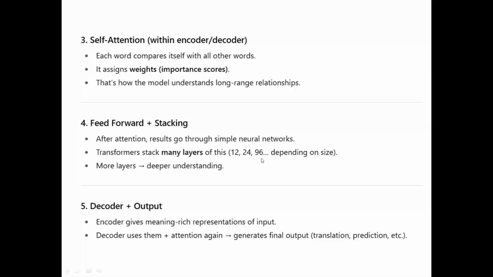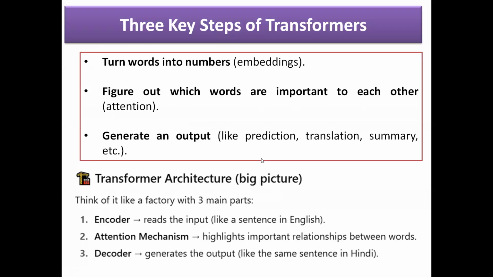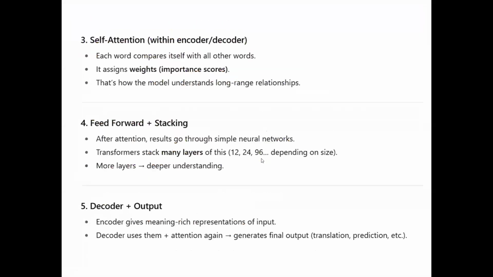How many layers are there, how many weights are required, assignment of weights to each number, to each vector, and checking whether the output being generated is accurate or not. So broadly we have three: encoder, attention, and decoder. But the attention mechanism is associated with a feed forward network similar to neural networks.